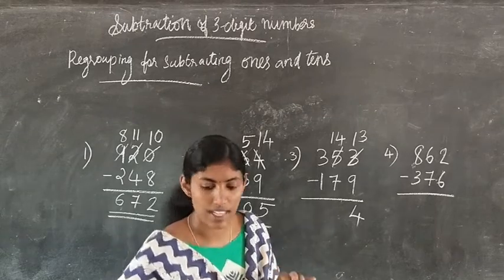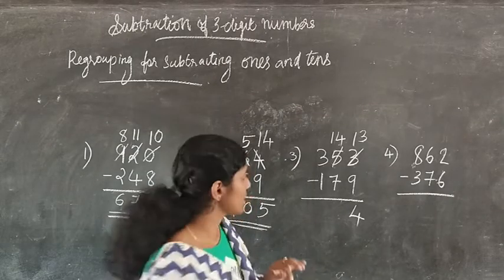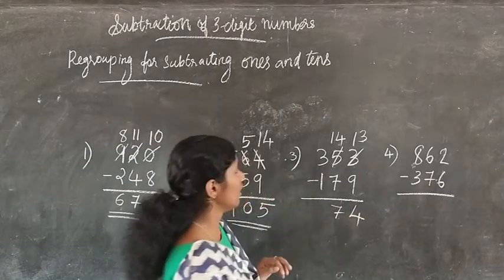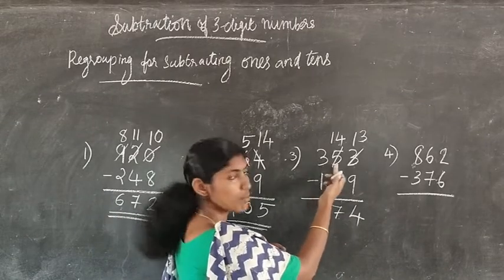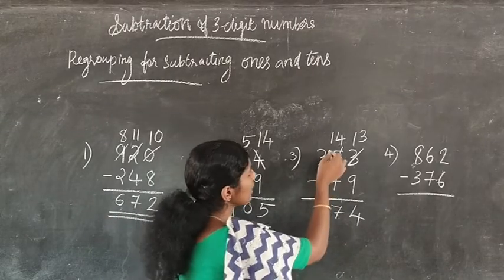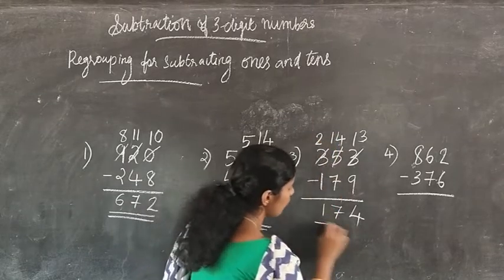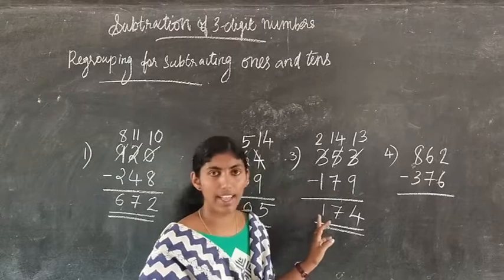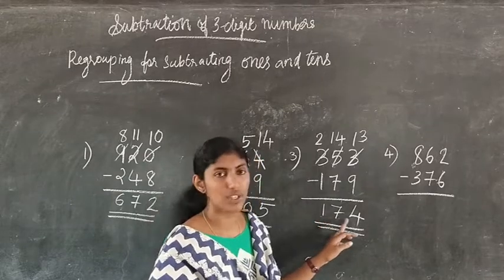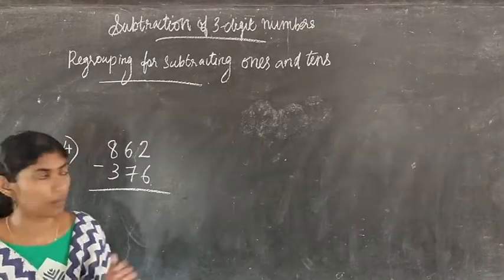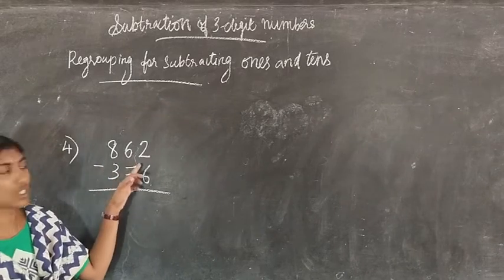Yes, we have 7. So write 7 here. Then since 100 was borrowed by this tens column, here we have only 2. Then 2 minus 1, we have 1. Therefore, we got the answer as 174.